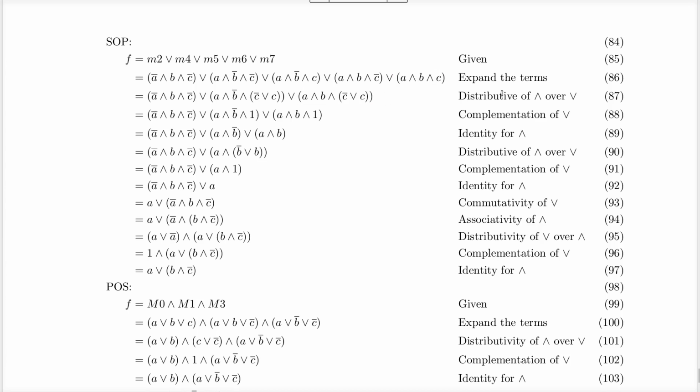This is a little tricky, the distributive property. I'm treating A ANDed with B as a single value. Call that X, right? X ANDed with C bar, or X, again, ANDed with C.